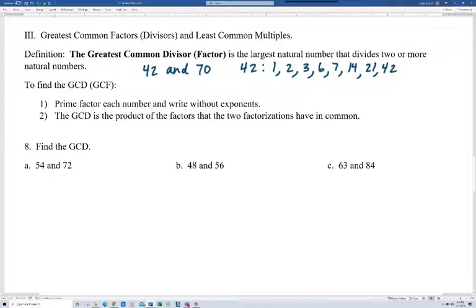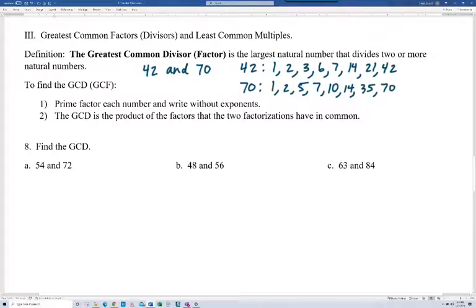For 70, you have 1, 2, 3 doesn't work, 4 doesn't work, but 5 does, and 7. And then as we know, 7 times 10 is 70, 5 times 14 is 70, 2 times 35, and 1 times 70.